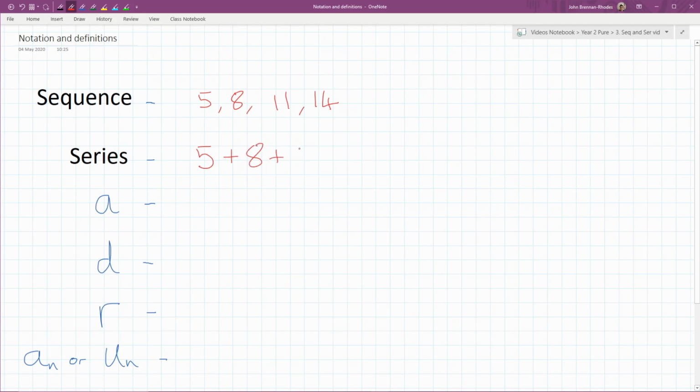Not really strictly a definition, but you get the idea. A series is if you're adding them up. It's not the end of the world if you get them mixed up a little bit because they're very similar things, but it's really good to try and have consistent notation and to be good with your definitions. As we said, A is the first term, and D is the common difference.